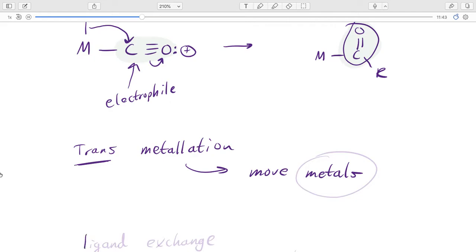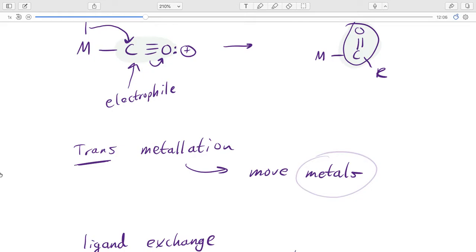And when it comes to ligand exchange, we switch locations on the same metal.